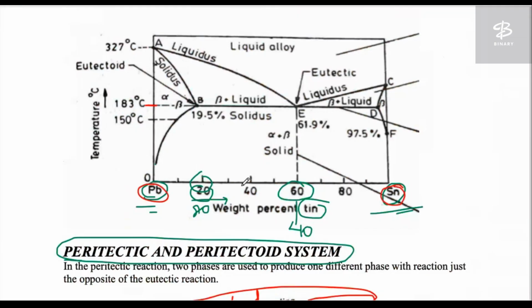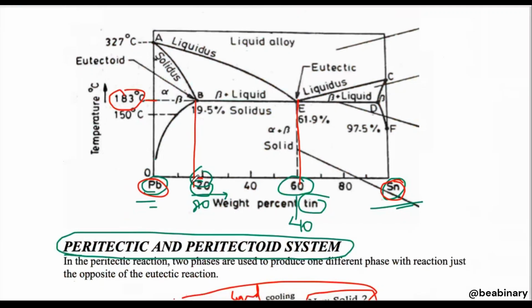In the Pb-Sn alloy, at a particular temperature, 183 degrees C, we could get two kinds of points, either a eutectoid point or a eutectic point. Both we can achieve, but it depends on the percentage. Here you can see 20% of Sn is present and 80% is Pb. So lead is 80% and tin is only 20%.